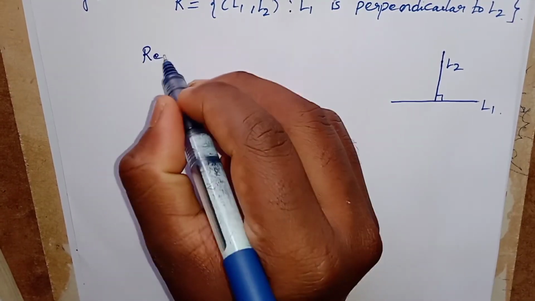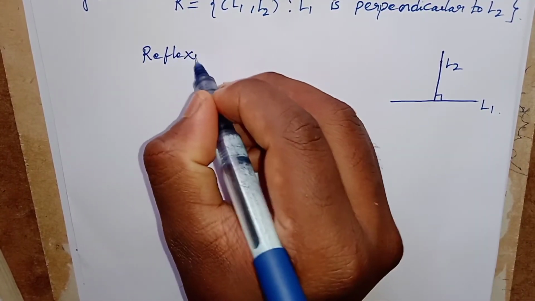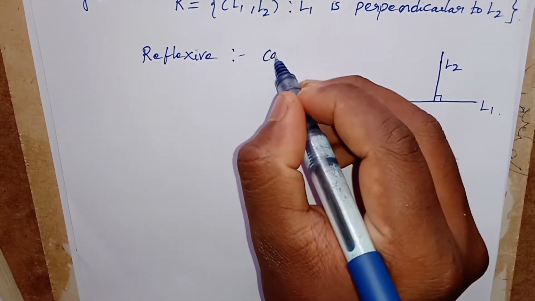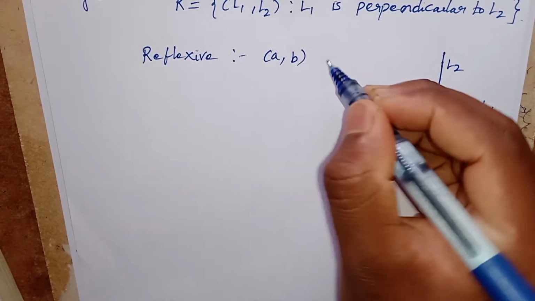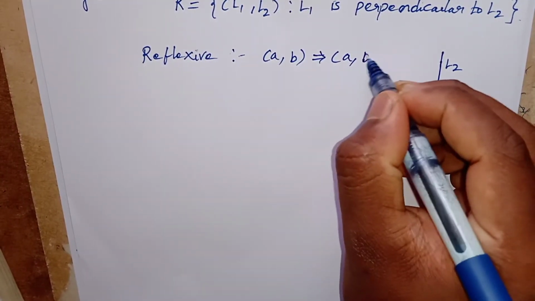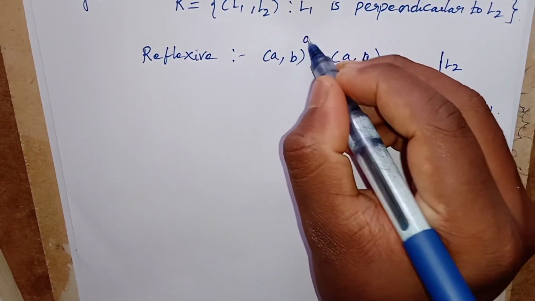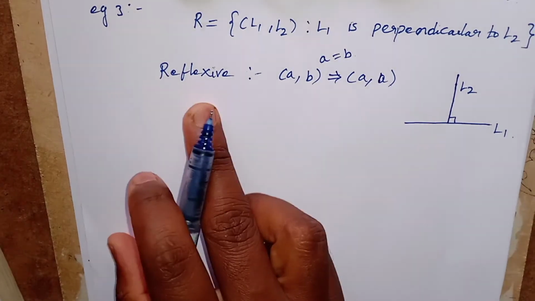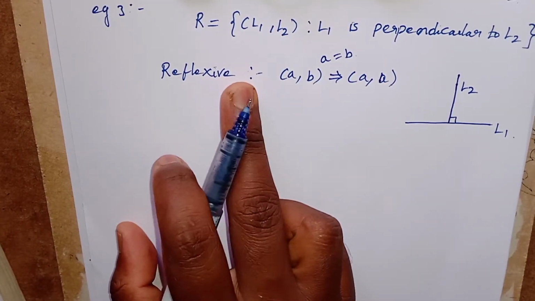Now reflexive. For reflexive, (a, a) should be in the identity, therefore here (a, a) satisfies the reflexive.